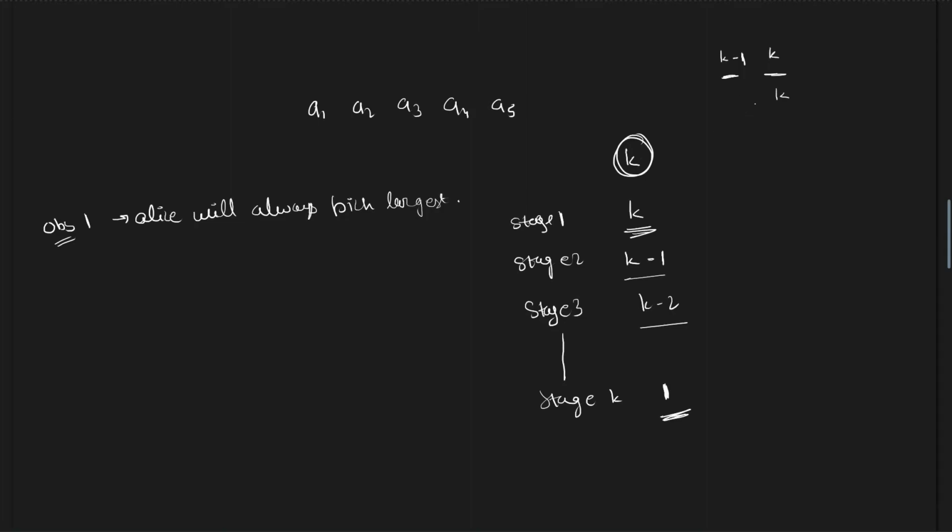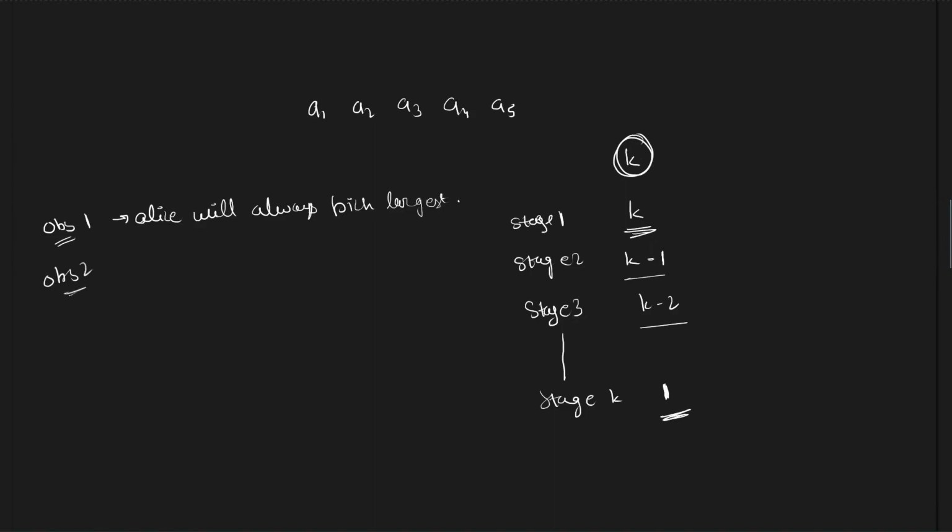If I have two values like these and a value k, then in stage 1, if I choose the smaller element, then in the next stage I will have to choose an element less than or equal to k minus 1, and I cannot choose the other element because it is greater than k minus 1. But if I choose the greatest element, that is k, first, then in the next step I can definitely choose k minus 1, because it will be less than or equal to k minus 1. So the basic observation is that Alice will always choose the largest element that is possible.